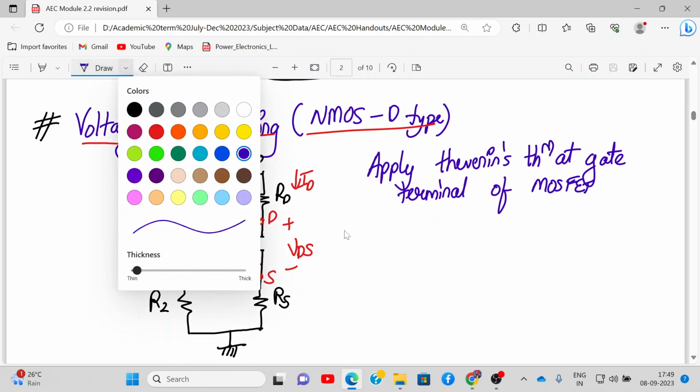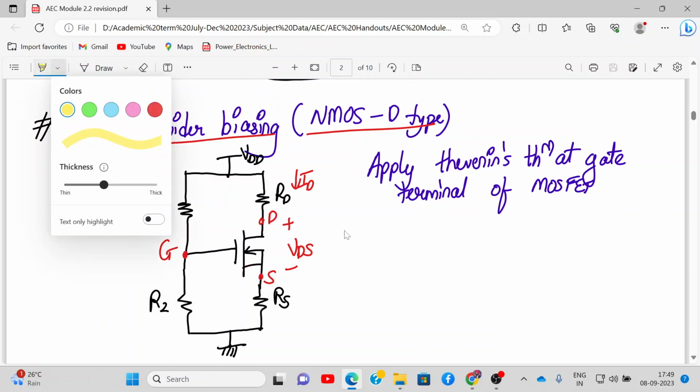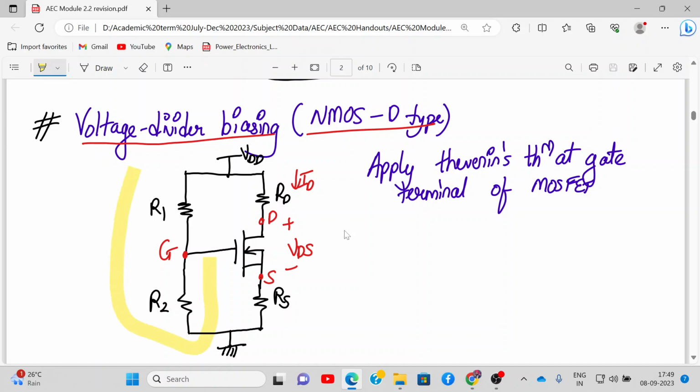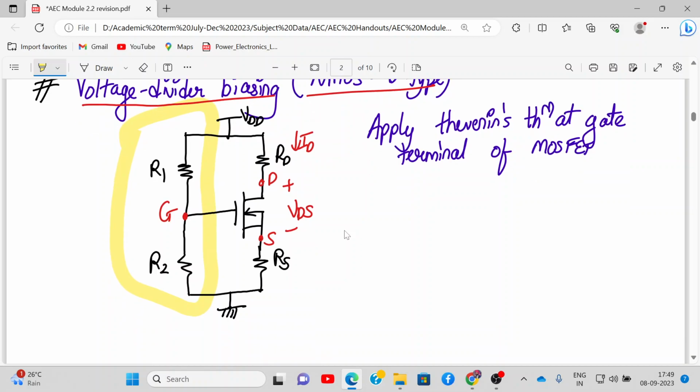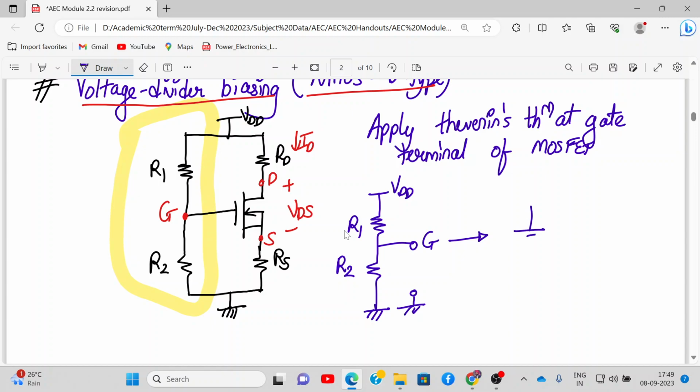So that means we are applying Thevenin's theorem over here, between gate and ground. This will be converted into a single voltage source in series with a resistance between gate and ground. So this will be RTH and VTH.